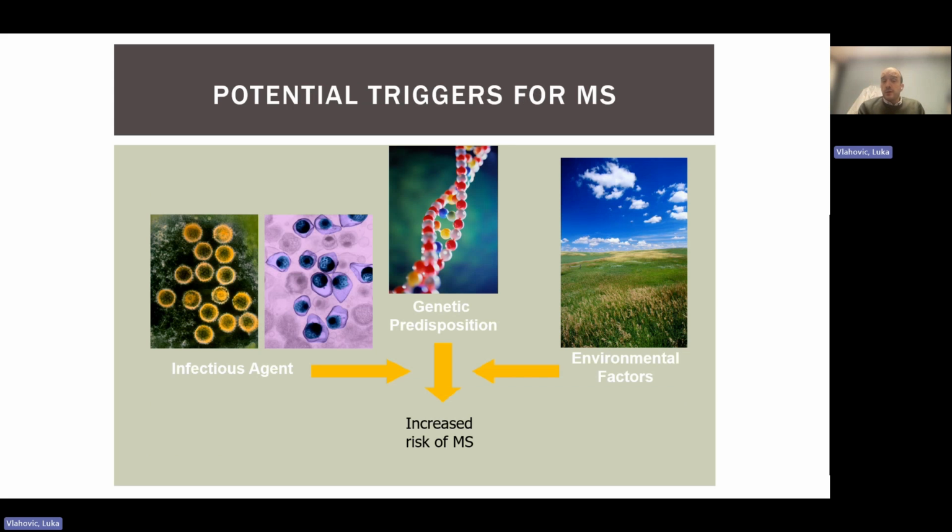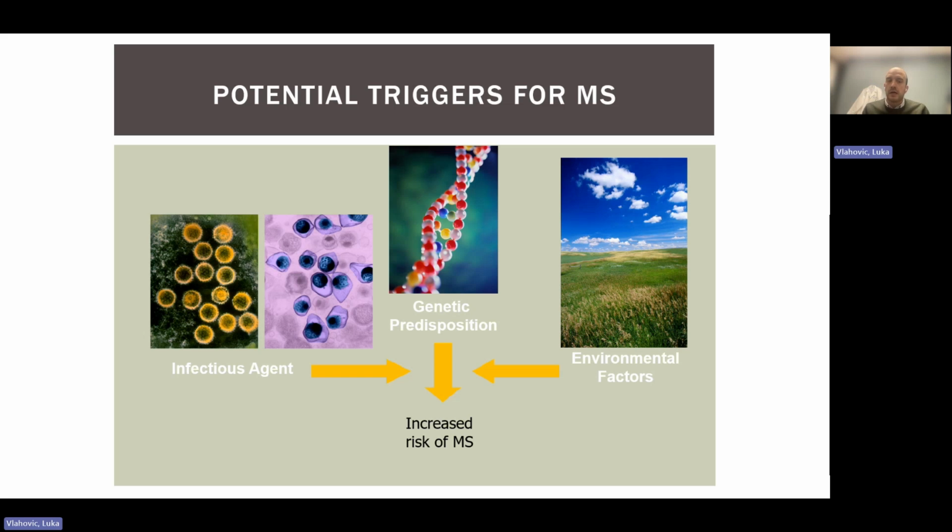Now, in terms of potential triggers for MS, there are different theories and different associations that were found. We still don't know exactly, so there's no one specific causative agent found. Some of these theories are shown here. The genetic predisposition is important, definitely, although it is still thought that environmental factors are perhaps a little bit more important in exposing the disease overall.